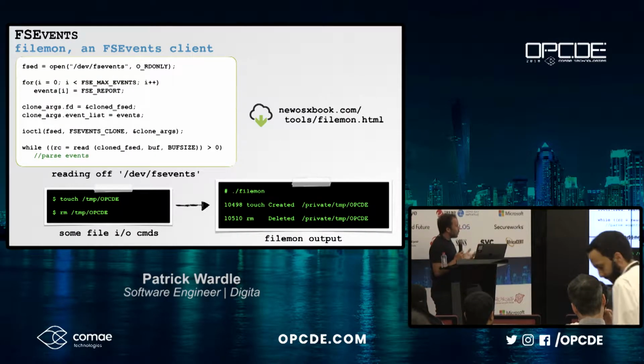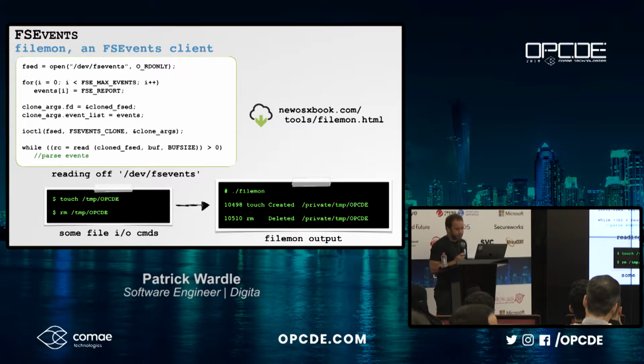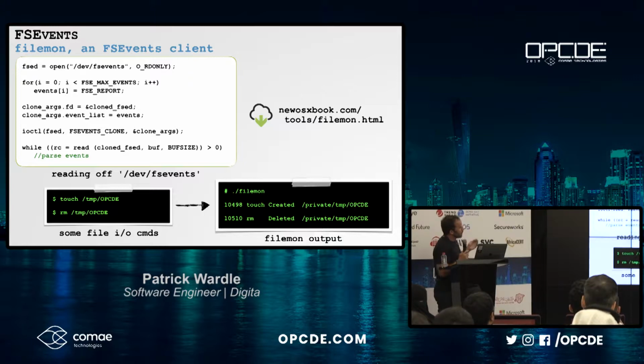So let's look briefly in code at how we can implement something such as a simple file monitor. You can see in the code at the very top, we call open, and we open this /dev/fsevents device file. We then tell the kernel what file I/O events are of interest to us. And since we're writing a filemon utility, we basically tell it, hey, we're interested in everything.